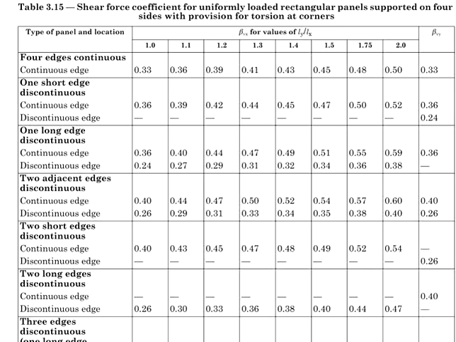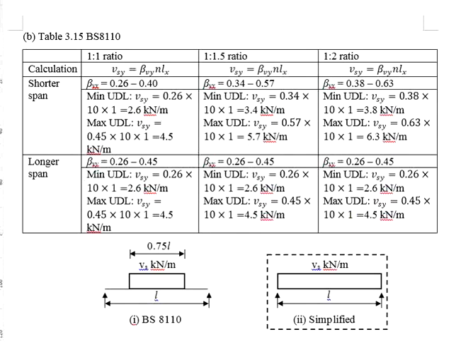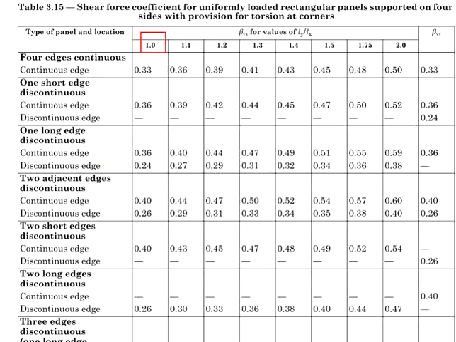So when we want to calculate the UDL acting onto the beam, since the question does not specify what type of slab it is, and the purpose of doing these examples is to compare the analysis outcome of the U-line method and the one given in the British Standard, we will need to find the suitable range of the loads if we are using the British Standard. Therefore, when we deal with the 1:1 aspect ratio, it means that Ly per Lx is equal to 1.0.